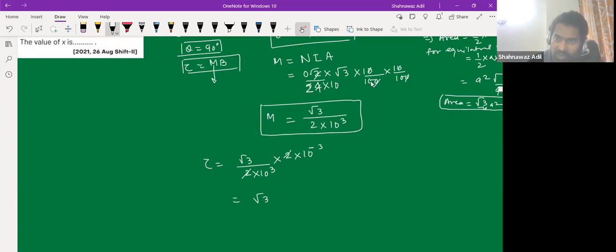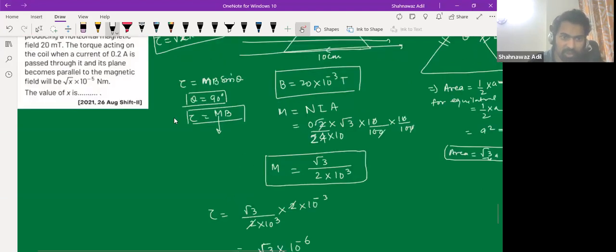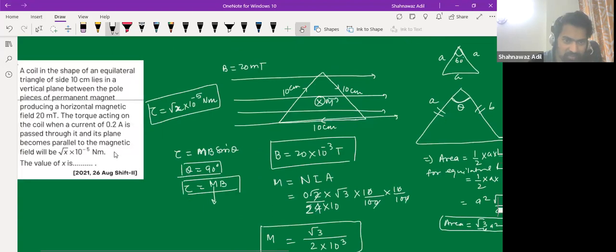Did we miss out anything? Oh, so this is correct. So this is 10 to the power minus 6 we are getting. Then we should have got, yeah, did we make a mistake here?